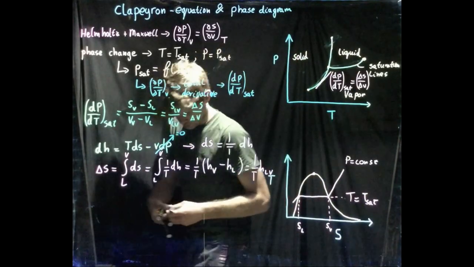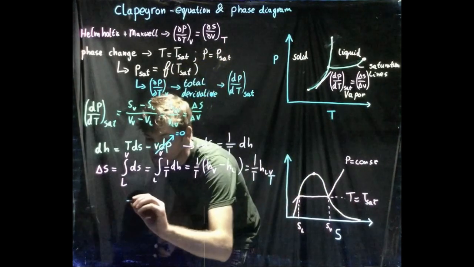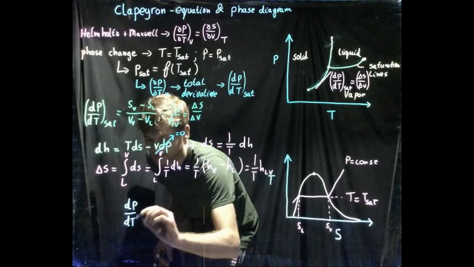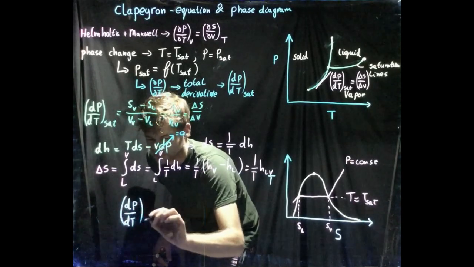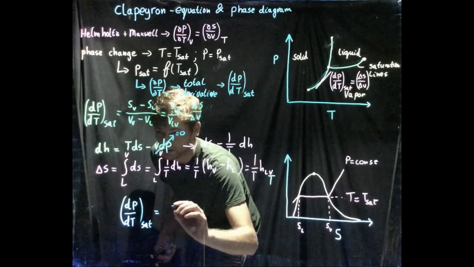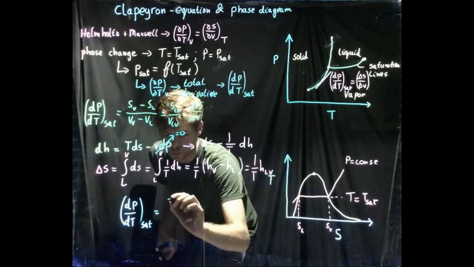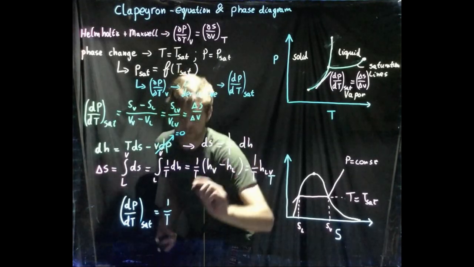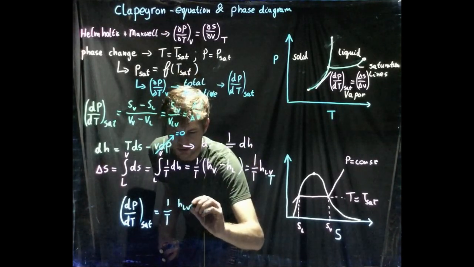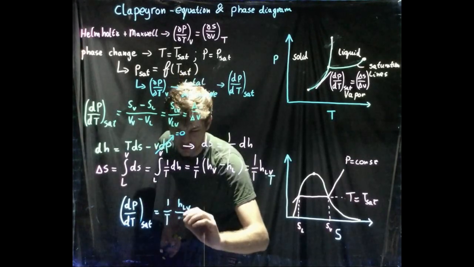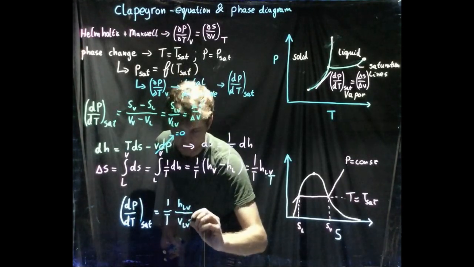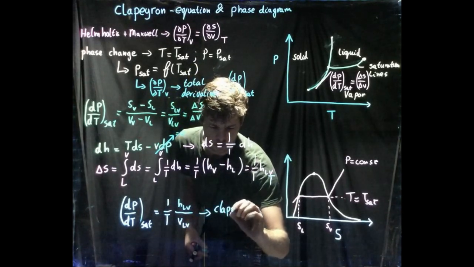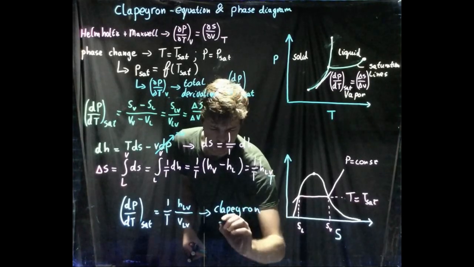So dP/dT at a saturation line is equal to 1 over T times h_LV divided by v_LV. And this is called the Clapeyron equation.